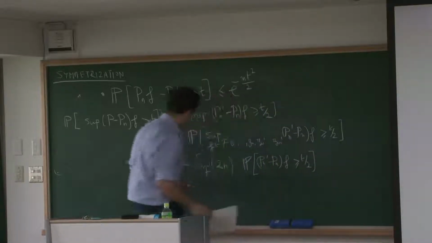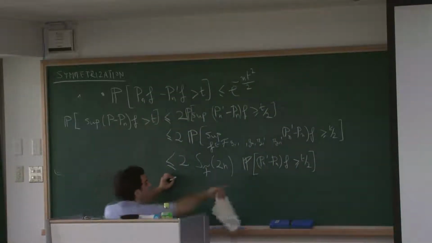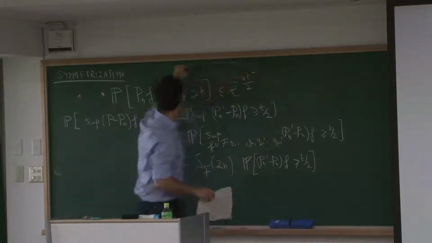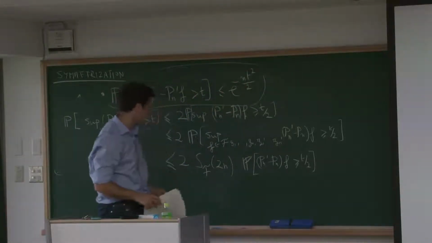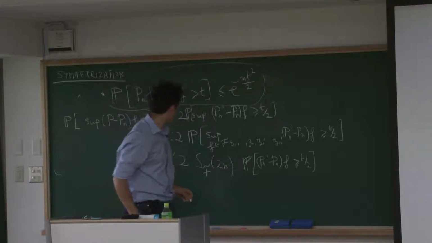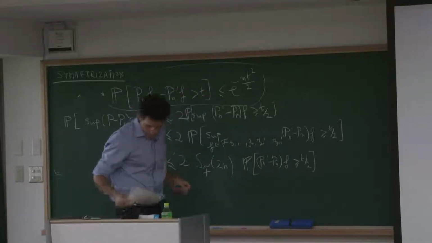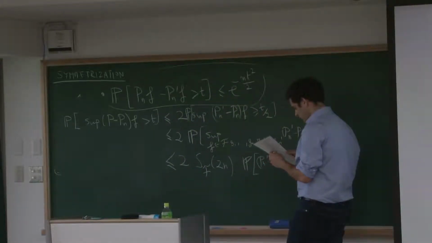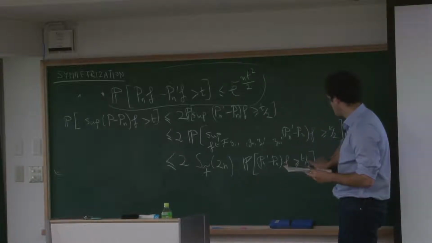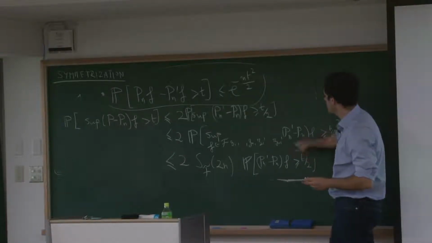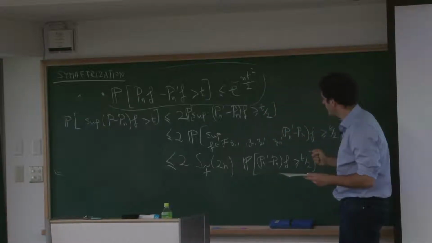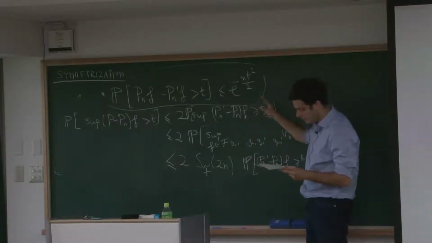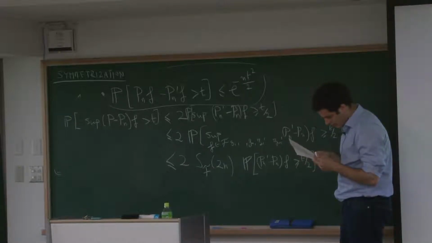And this, now you can use this version of Hoeffding's bound to write... I'm sorry, I think I forgot. Oh, yes. So here we have a t divided by 2. So the term here is going to be exponential of minus n t squared divided by 8.